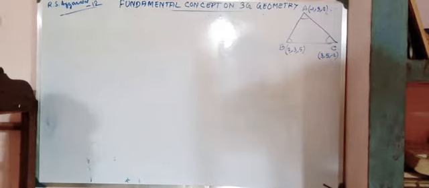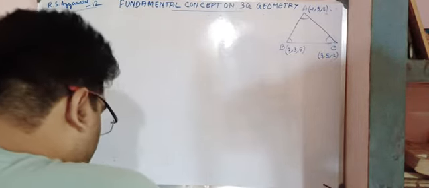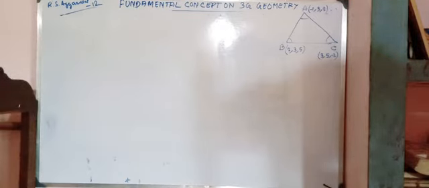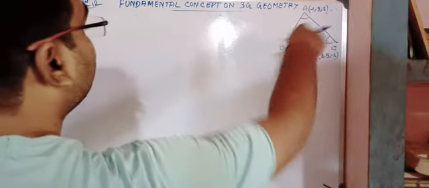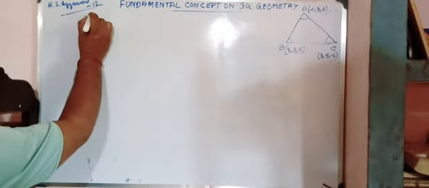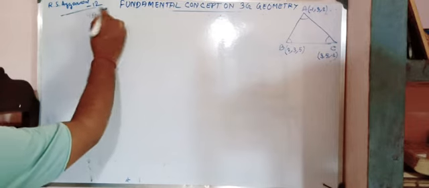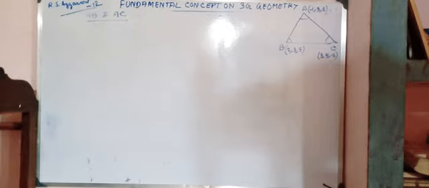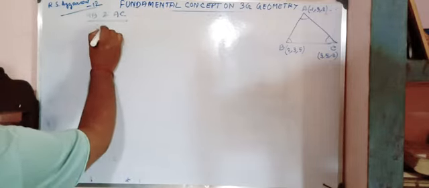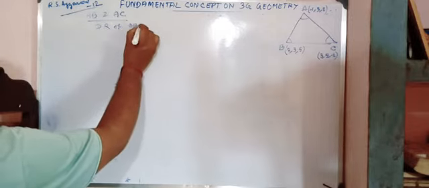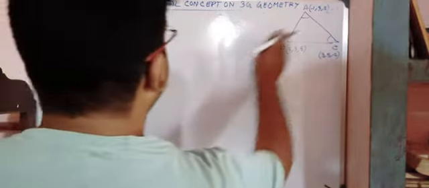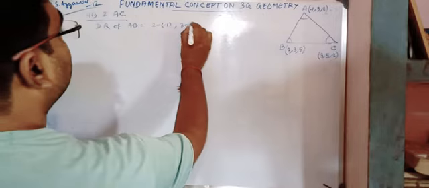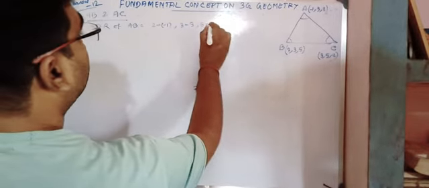To find the angle, first we have to find the direction ratios. Suppose we take the lines AB and AC. The direction ratio of AB is this minus this, that is 2 minus of minus 1, comma 3 minus 3 and 5 minus 2.